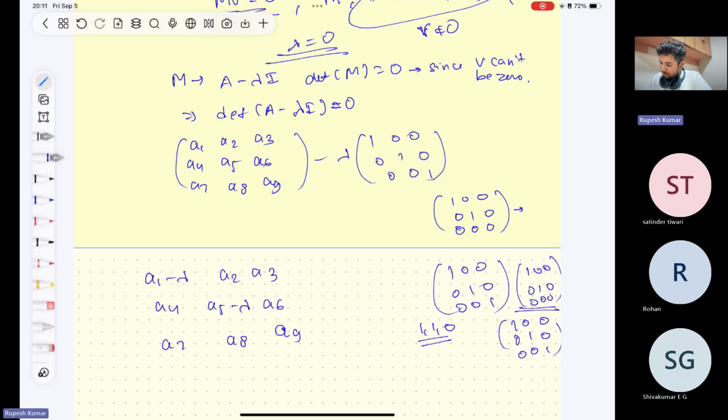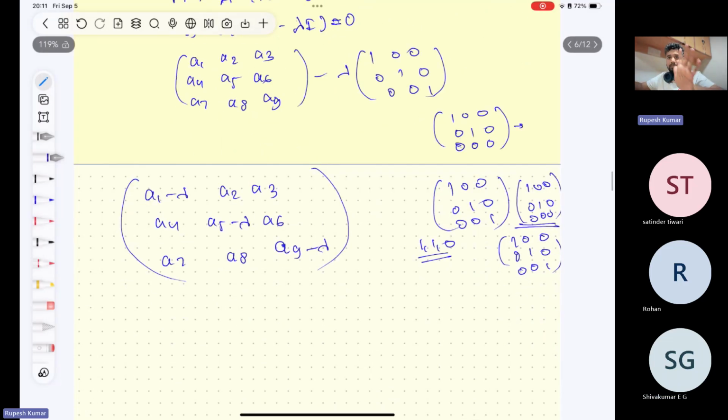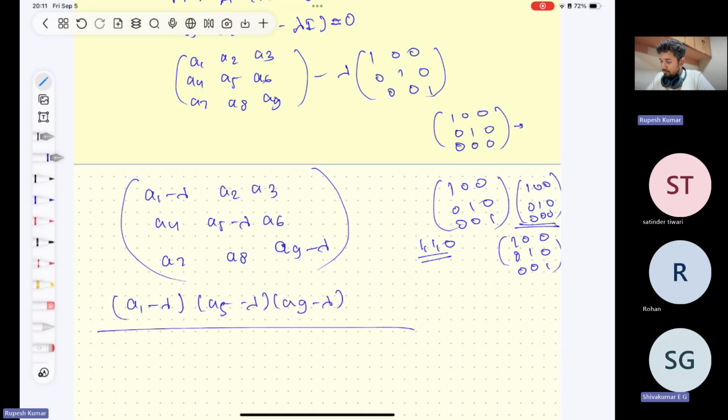Yeah, that's right. So A minus lambda I. Now you figure out the determinant of this matrix. But one thing I can say for sure from this matrix is that the determinant equation will contain something like (A1 minus lambda) times (A5 minus lambda) times (A9 minus lambda). This will exist in the determinant.